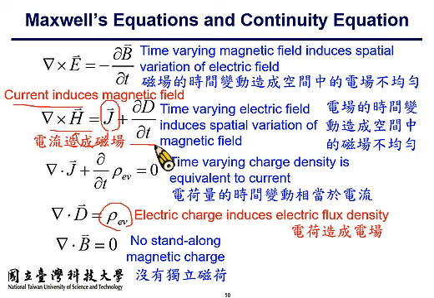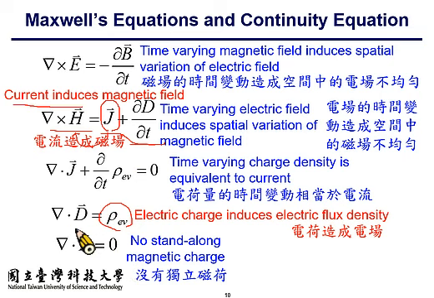So that's the reason why the second term is referred to as the displacement current. It's not a real current, but the effect of it is equivalent to current. That's the reason why they are put in the same part as the current density J.